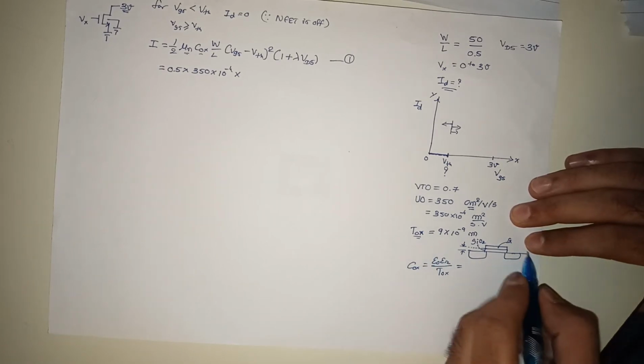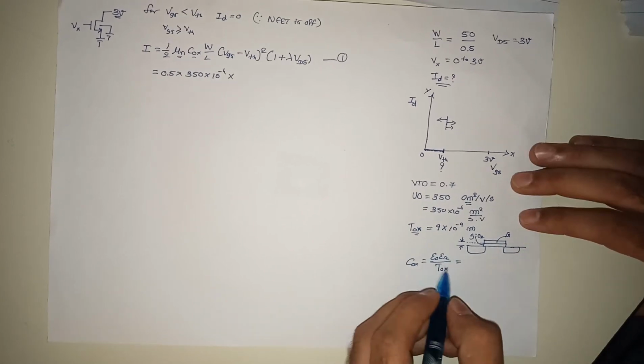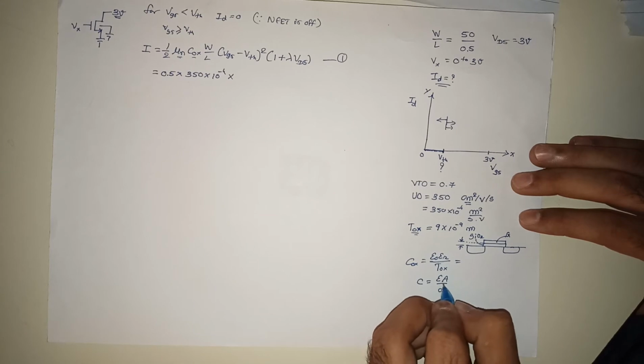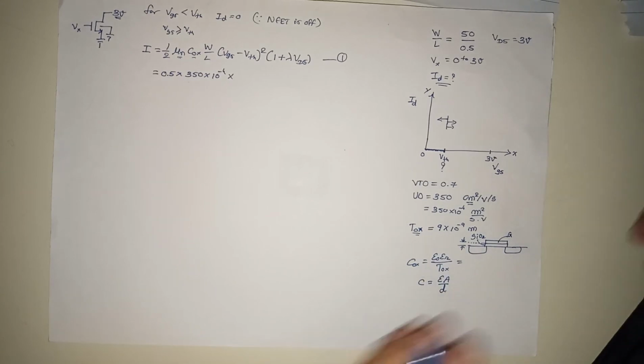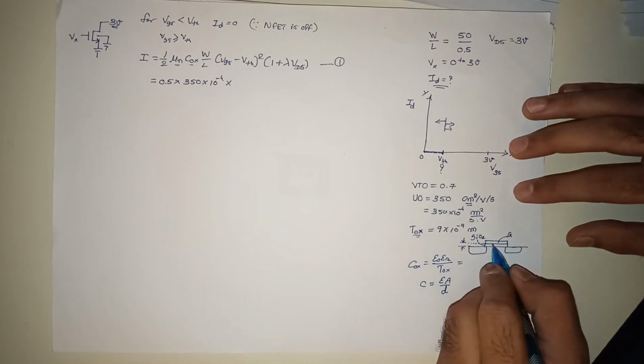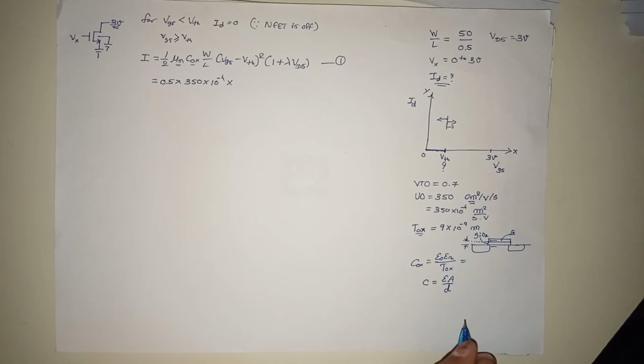How is this coming? This is like the basic equation of C, which is epsilon A by D. D is the distance between the two plates. Here, this is one plate, this is the second plate, and this is the distance.